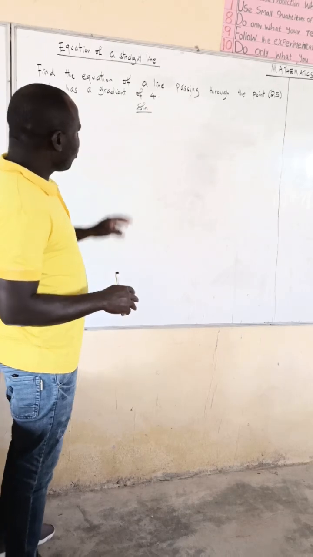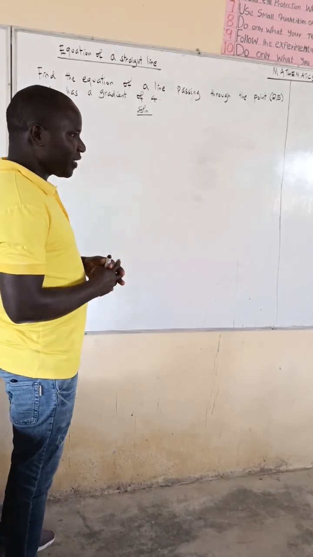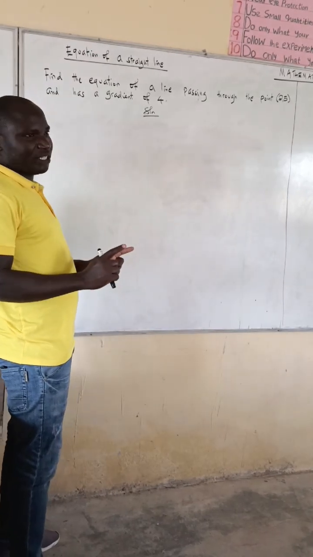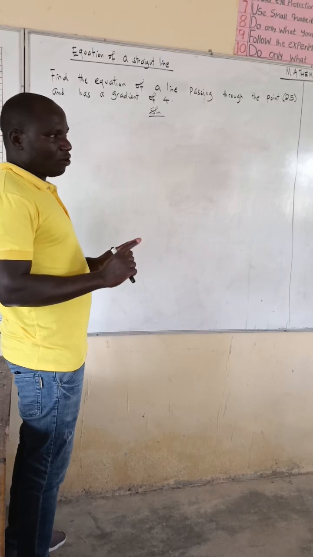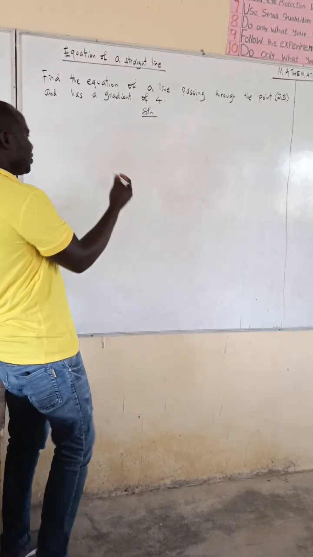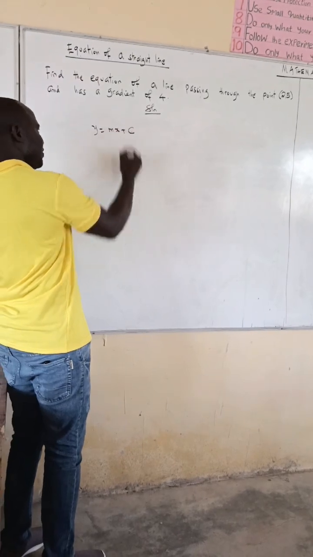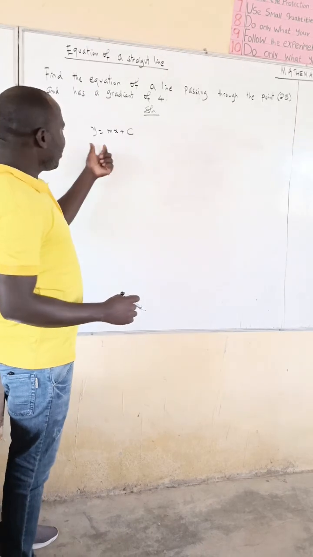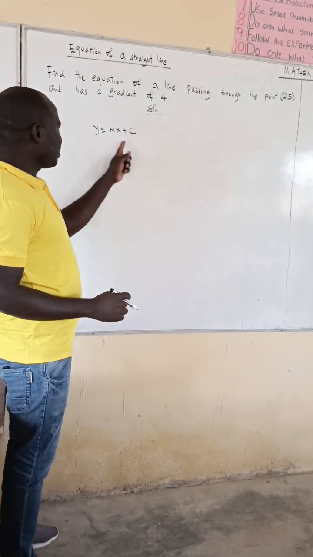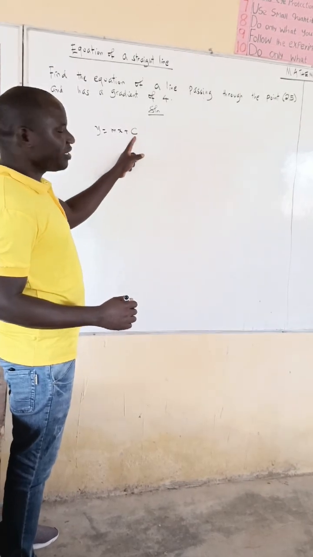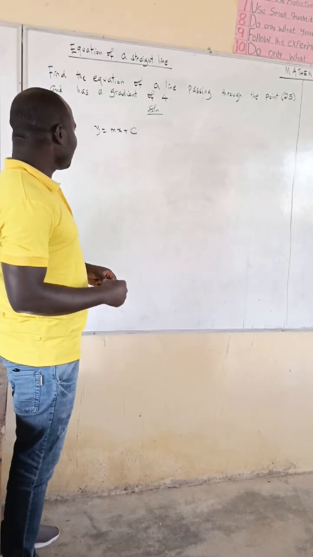So we know this one is a straight line, therefore we have the general format of the equation of a straight line. That is y equals mx plus c, where y represents the y coordinate, x represents the x coordinate, m represents the gradient, and c represents the y-intercept.